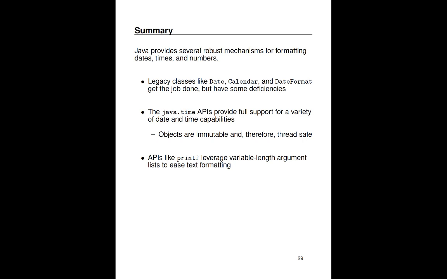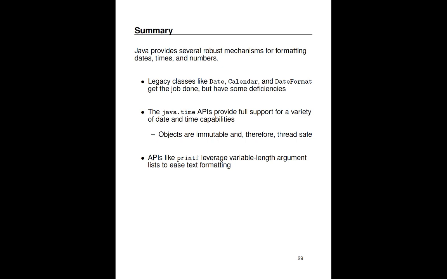So that concludes our tour of Java's facilities for working with dates and text. As I hope you saw, there are several really robust mechanisms for working with numbers, with times, and with dates. There are some legacy APIs like the java.util Date, Calendar, and DateFormat classes that get the job done, and you'll probably see that in a lot of older code. But there are some deficiencies that then motivated the authors of the Java APIs to introduce the java.time packages.